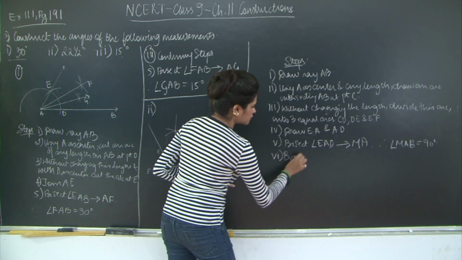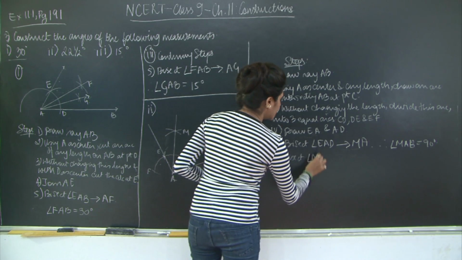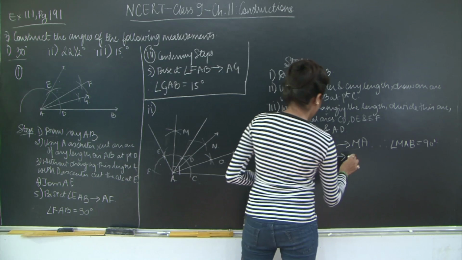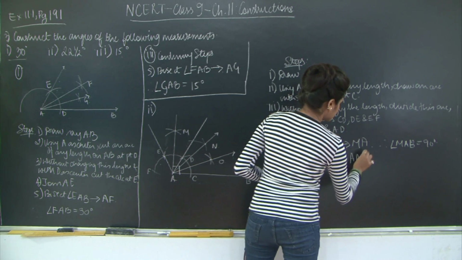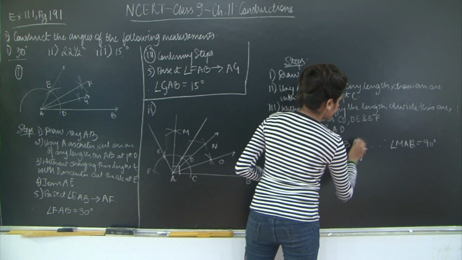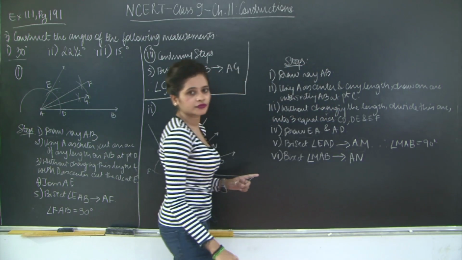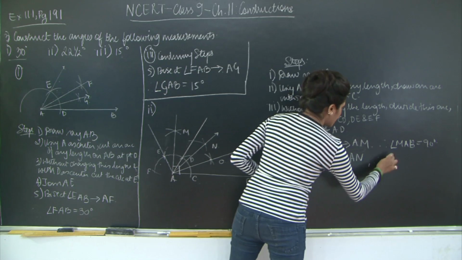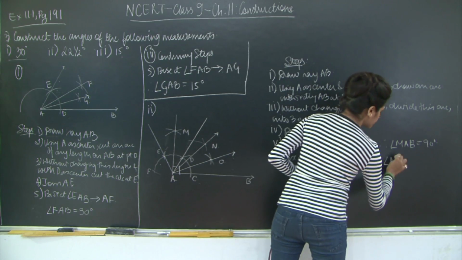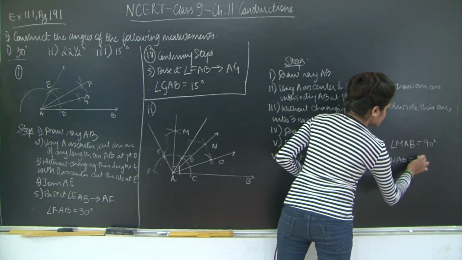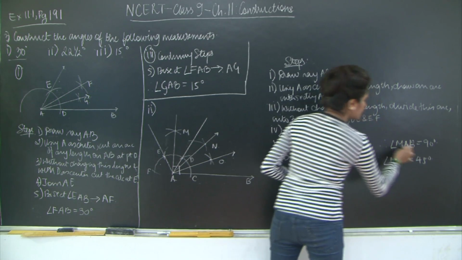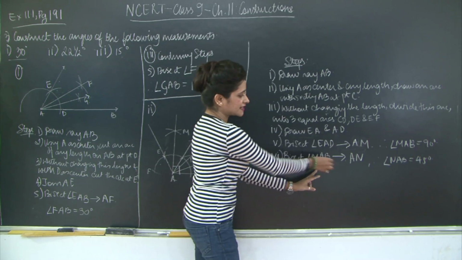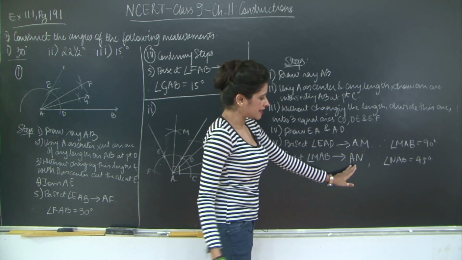Bisect angle MAB and call this bisector AN. This was AM, right? Therefore angle NAB is equal to 45 degrees. Why? Because MAB is 90 degrees, then you're bisecting MAB and the bisector is AN.